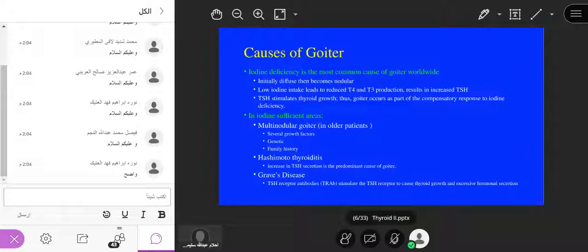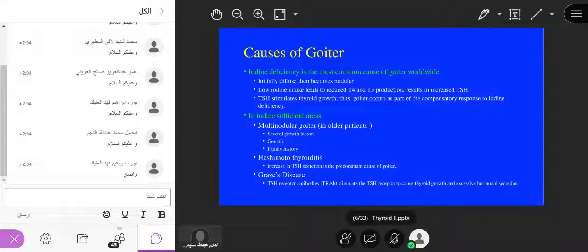Hashimoto thyroiditis can present in 2 forms, if you remember. It can be goitrous or atrophic. If there is a goiter in Hashimoto thyroiditis, it is due to high secretion of TSH, which enhances thyroid growth.